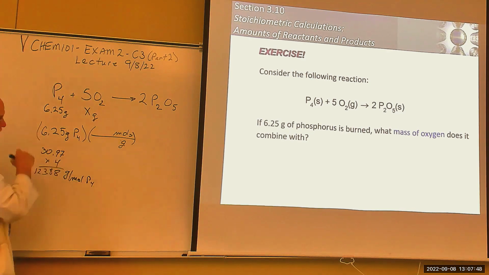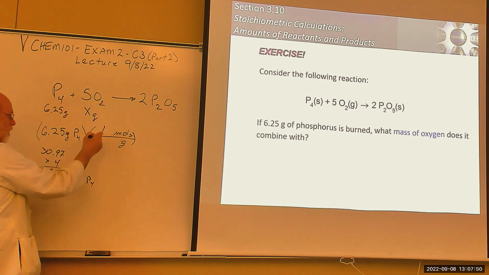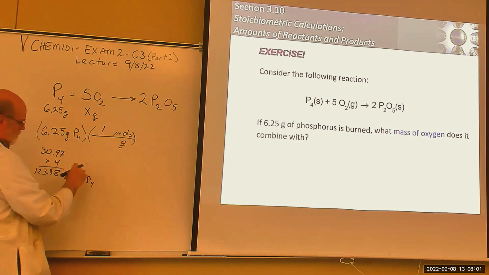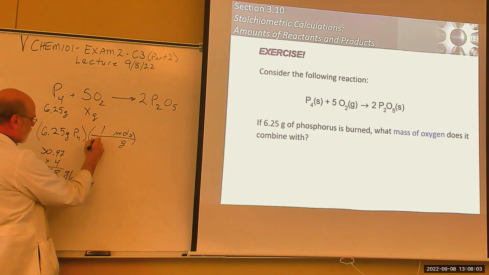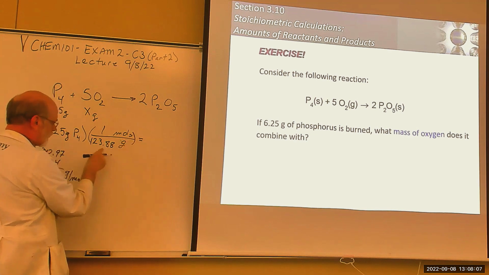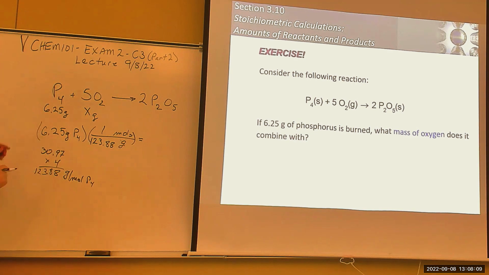So where does it go? Per mole. Remember, this is a conversion factor, which means it's equal to 1. And you can flip it. If it's equal to 1, it's okay. I mean, you just rotate it, it's still equal to 1. 123.88. Right? So we divide this number into that number, and we get the number of moles of P4. Okay? Let's see, have I already done this?